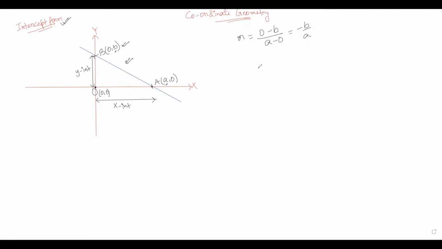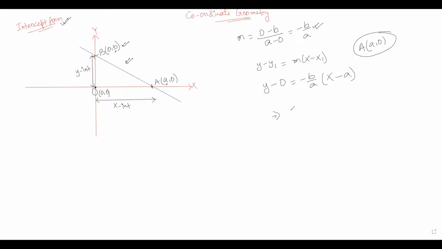Now we know that the equation of a line passing through a point x1, y1 say and has a slope m is given by y minus y1 equals to m into x minus x1. Here, let us consider the point to be a, 0 and the slope is minus b by a. So, if we simply use these values, in that case, this would be y minus 0 would be equal to minus b by a into x minus a.